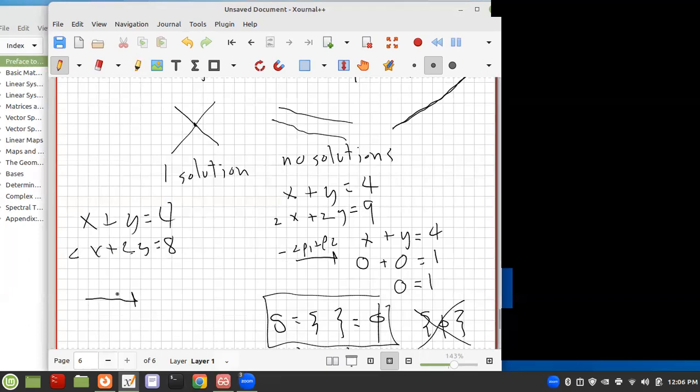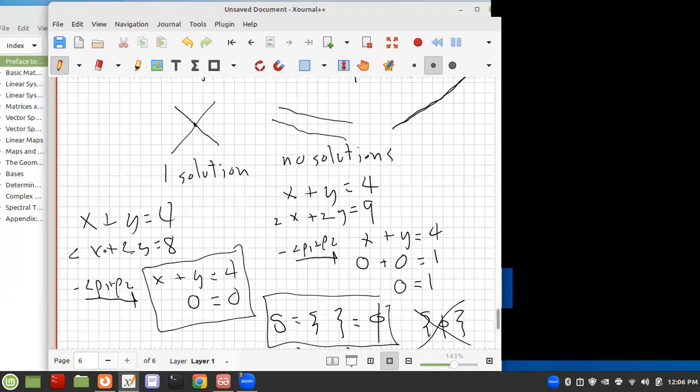So if I do the same row operation, minus 2 row 1 plus row 2, I'm going to get x plus y equals 4, and then 0 equals 0. What happened was, this is really this equation in disguise. It's redundant, right? It doesn't give me any more information. So a 0 equals 0 equation in a linear system means there's some redundancy.